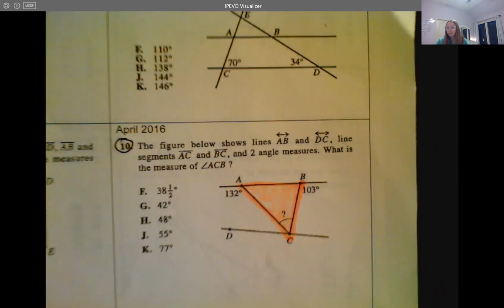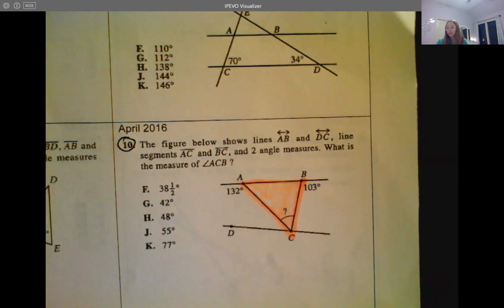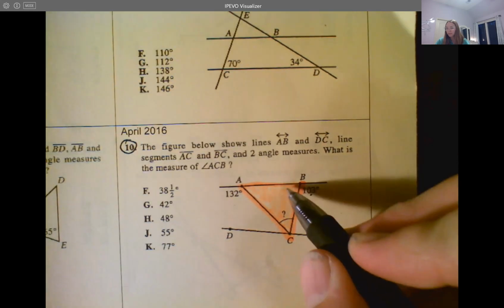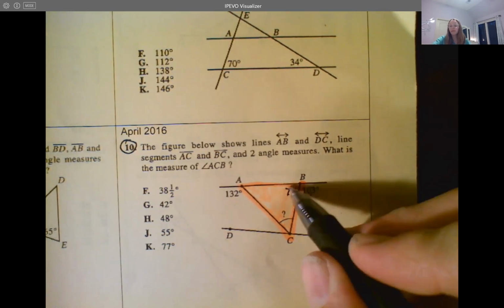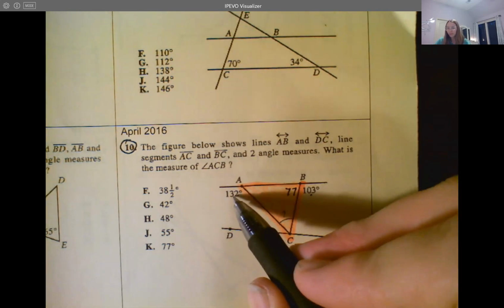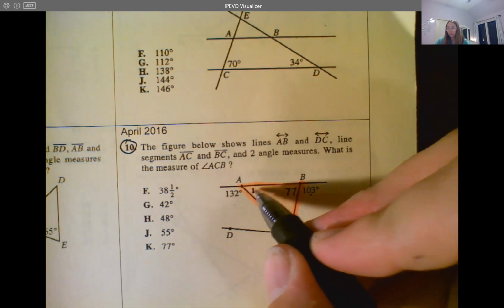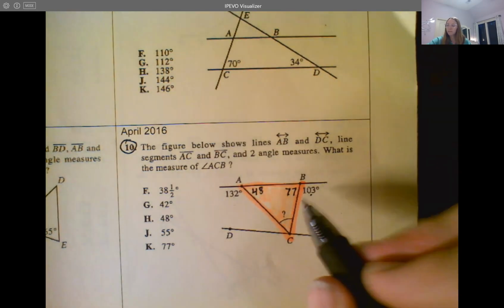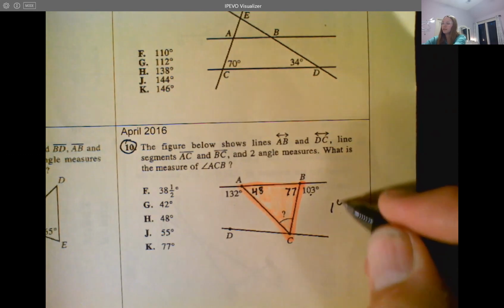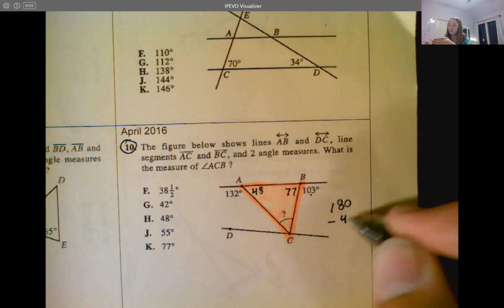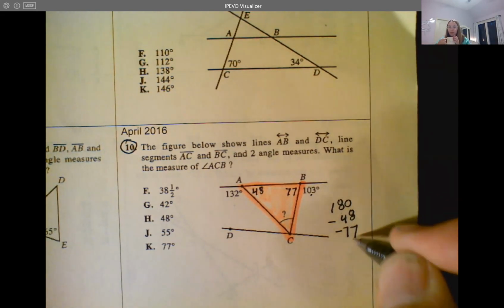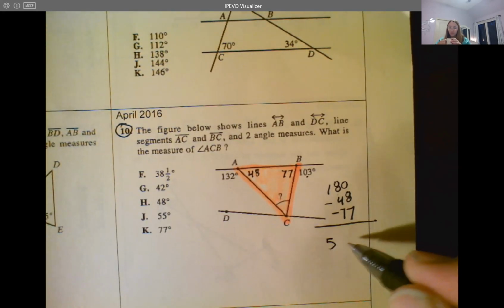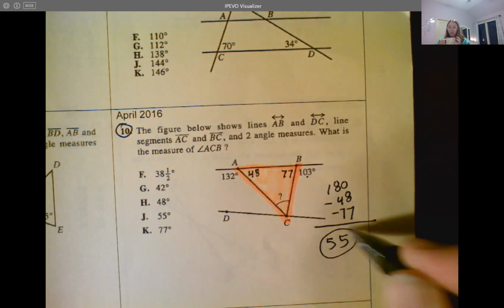And I know that if I add up all three angles in that triangle, I'm going to get 180. Well, if this is 103, this has to be 77, because they make a straight line. If this is 132, this has to be 48, because again, they make a straight line. And if I subtract those two angles from 180, I wind up with 55 degrees.